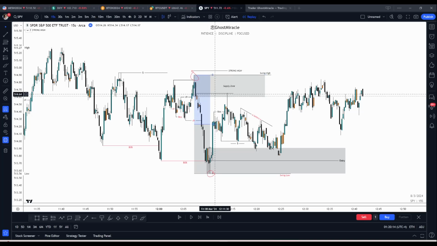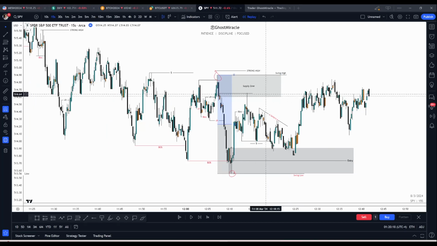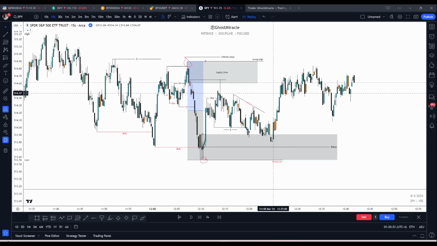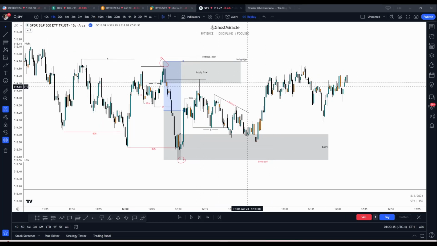Yeah, that swept. Okay. But it's still relatively equal. So like you could call it liquidity, even though this high is a little bit higher than this high, but it's still by a decimal. So it's like relatively equal highs or lows, right?